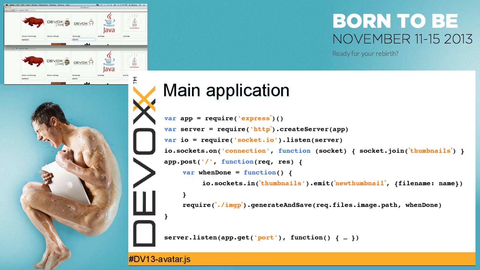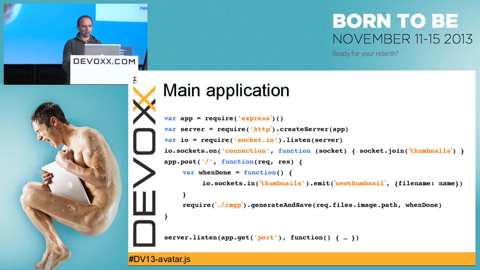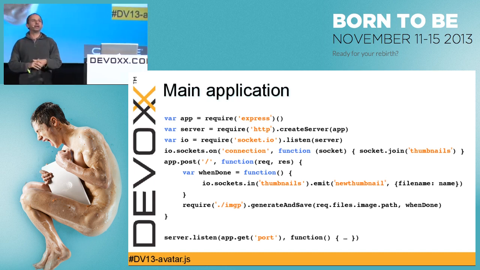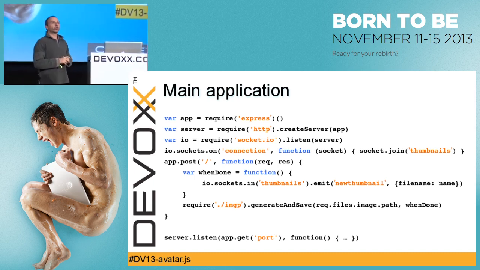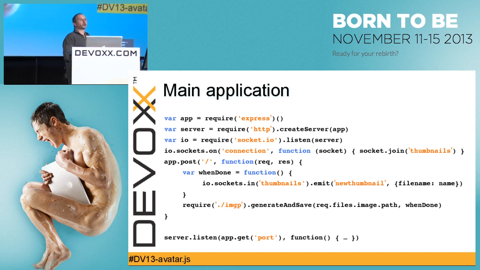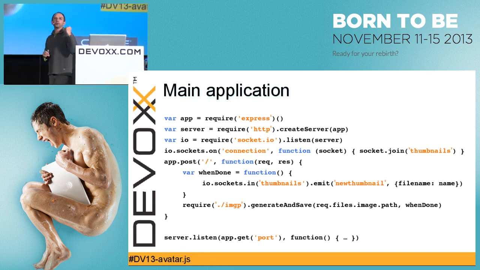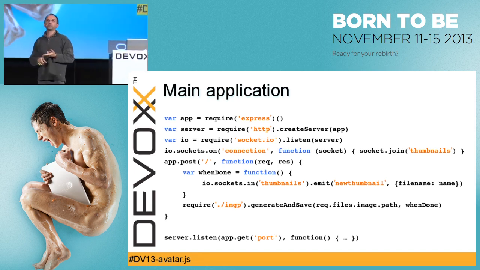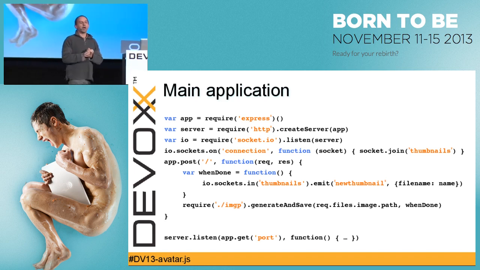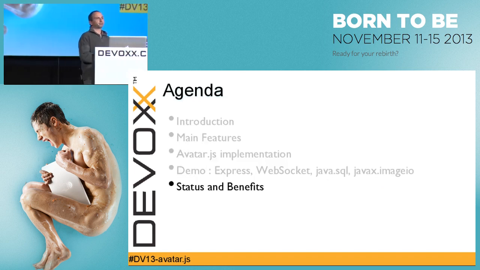Okay, I think you get the point of the demonstration. It's running, and we already have quite good compatibility with major Node modules. All these modules, Socket.io, Express, we run them on top of Avatar.js.